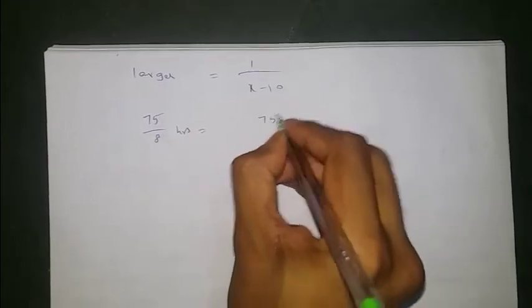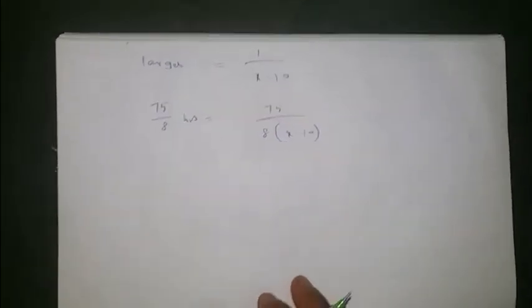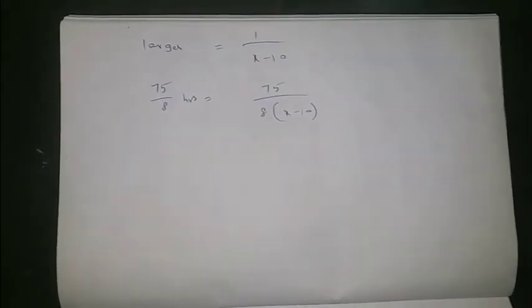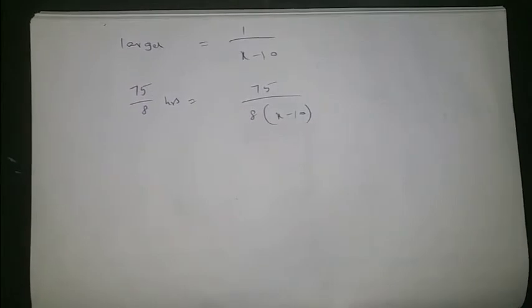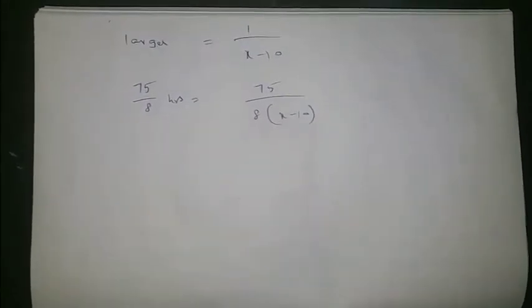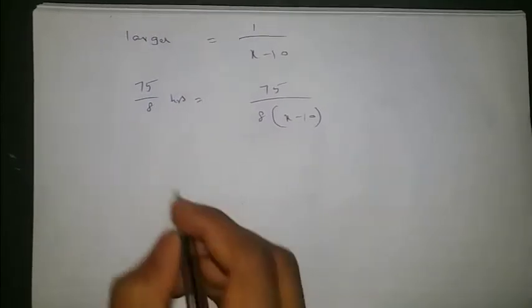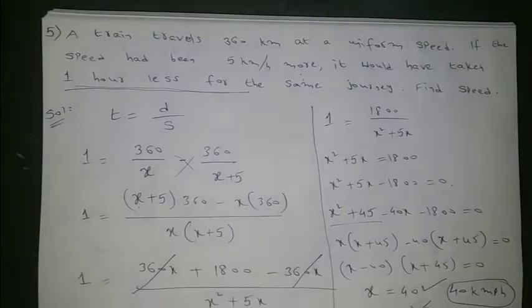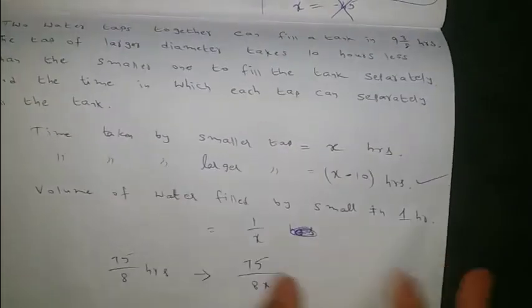That is 75 by 8 into x minus 10. So we got together. If both are together, that will fill the tank completely. That is nothing but one part. So the volume filled by the smaller tap is 75 by 8x.